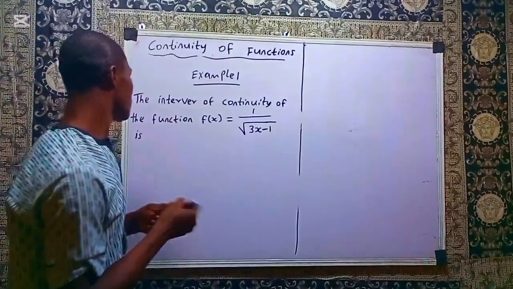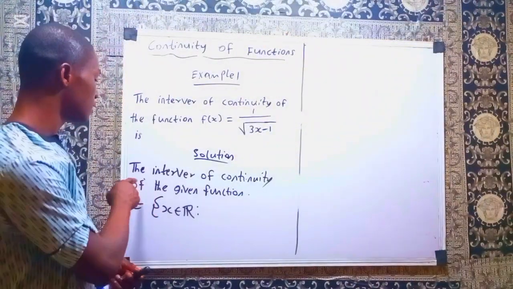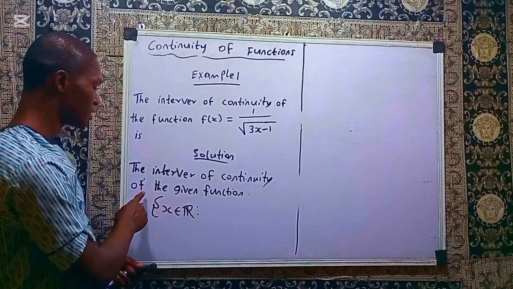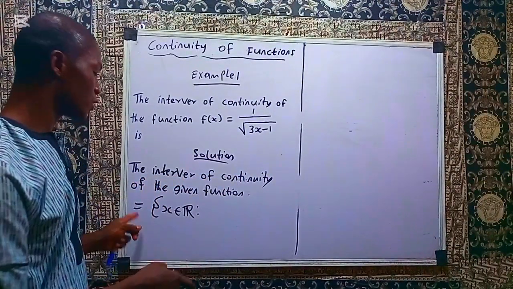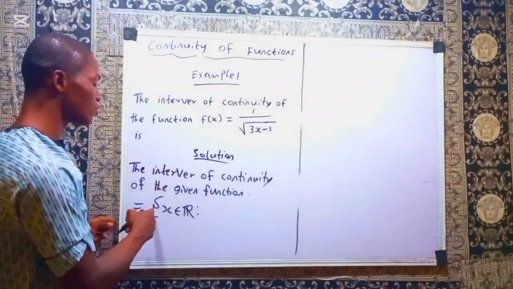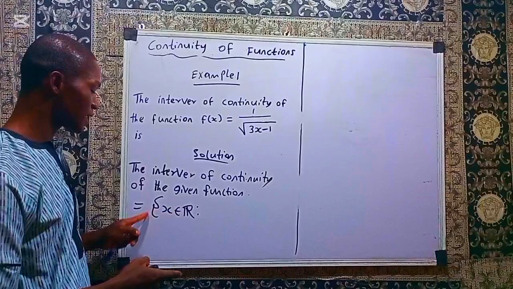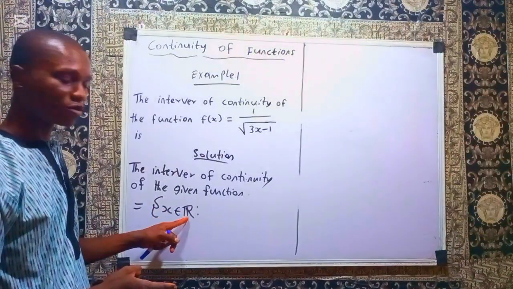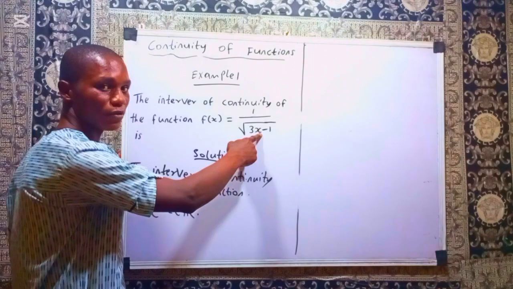So from what I've written so far, the interval of continuity of the given function equals the set of all x, elements of real numbers, such that this denominator should not be 0, right?